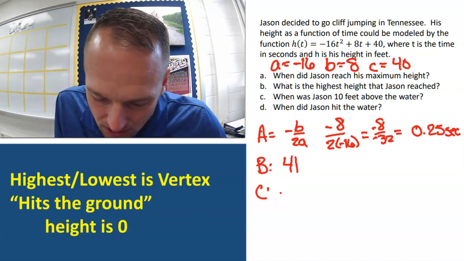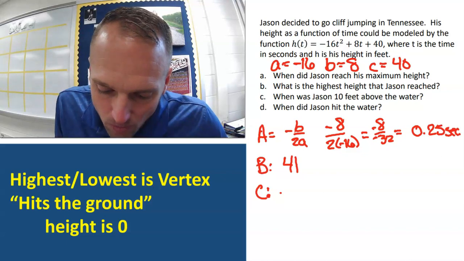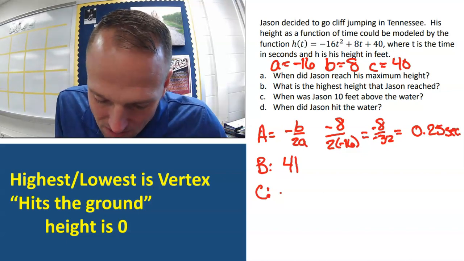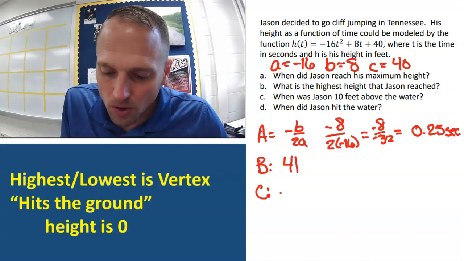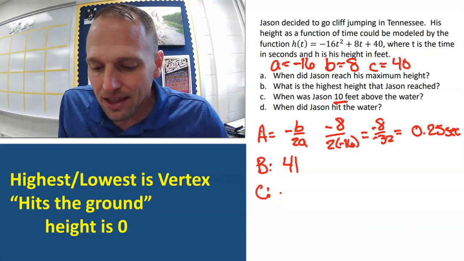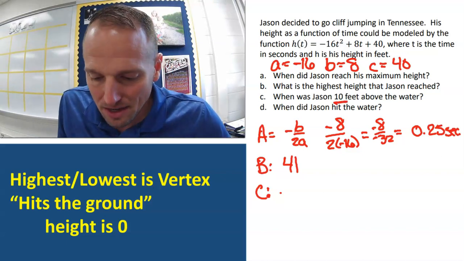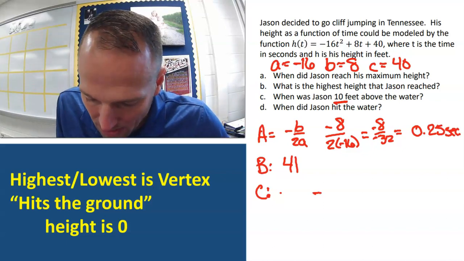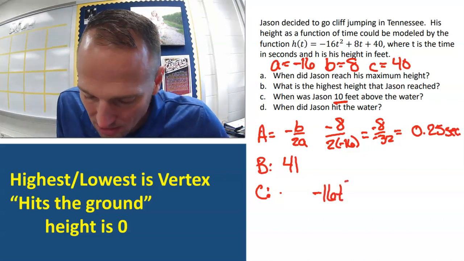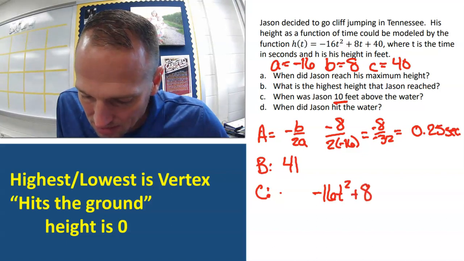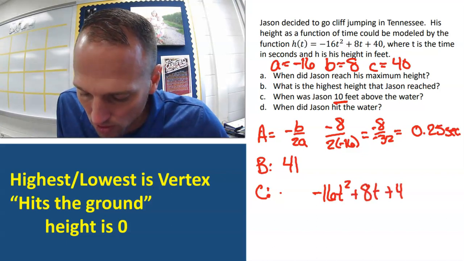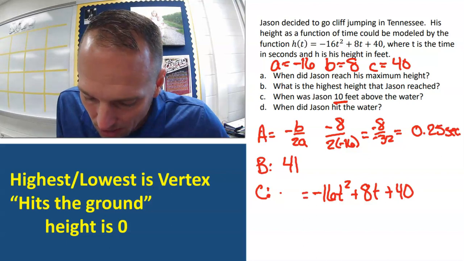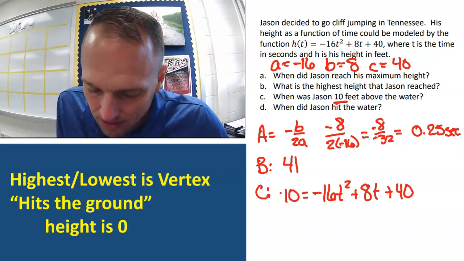Let's look at letter C. When was Jason 10 feet above the water? Okay, so this 10, that's a height. So let's come back and look at this equation that we had. We had negative 16t squared plus 8t plus 40, and that was equal to the height of 10.